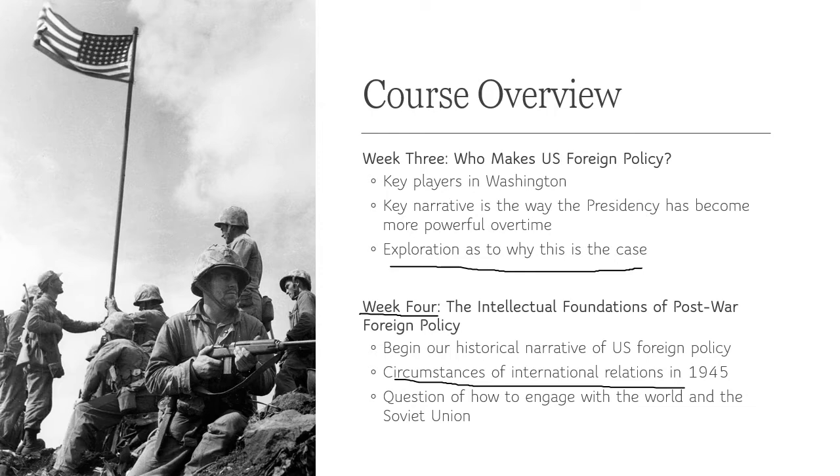The great question that emerges is how the US should seek to engage with its wartime ally, the Soviet Union. These moments after 1945 are highly important to explore, as in many ways they laid the foundations for the blueprint of US foreign policy that lasts through the 1940s, the 1950s, and into the 1960s.